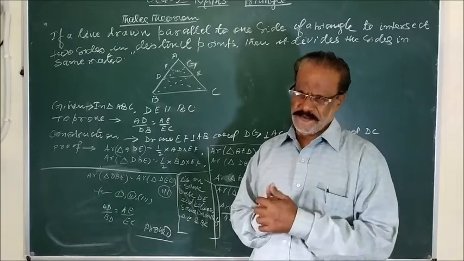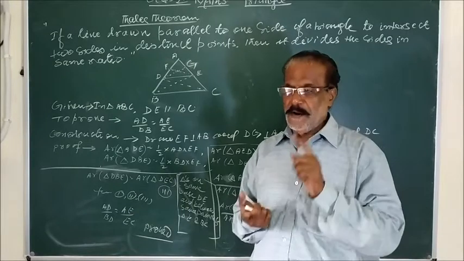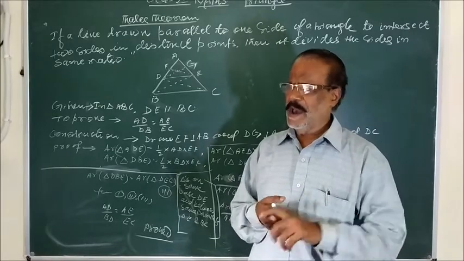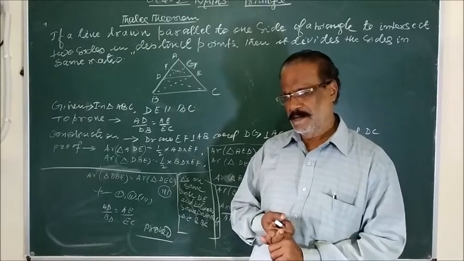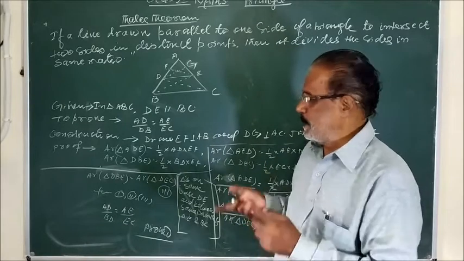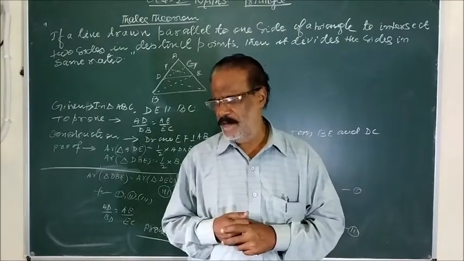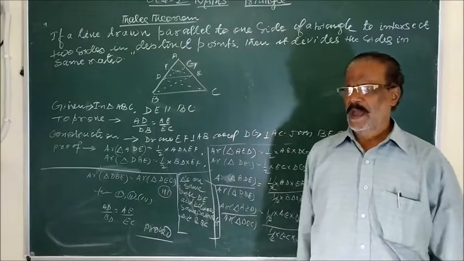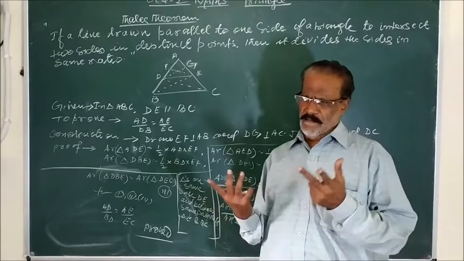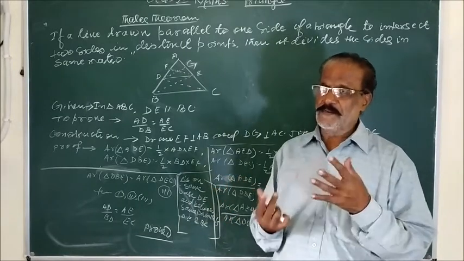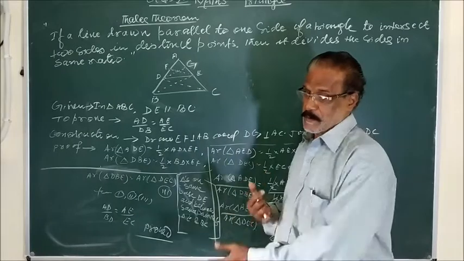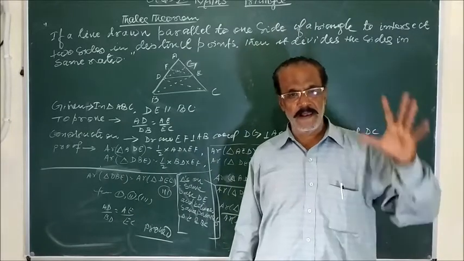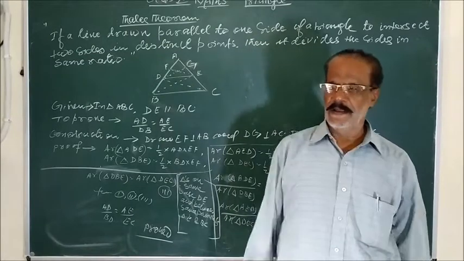These two conditions. Corresponding sides having the same ratio and corresponding angles are equal. If these two conditions are satisfied, we can say the triangles are similar. And vice versa. If in two triangles corresponding angles are equal and corresponding sides are proportional, the triangles will be similar.